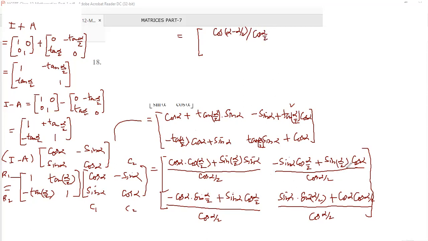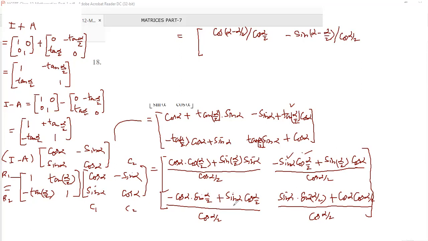Then come to this point: cos alpha, sin A cos B minus cos A sin B. But minus, we should take out minus common, then it will become sin A cos B minus cos A sin B, which is sin(A minus B). Sin(alpha minus alpha by 2) divided by cos alpha by 2.